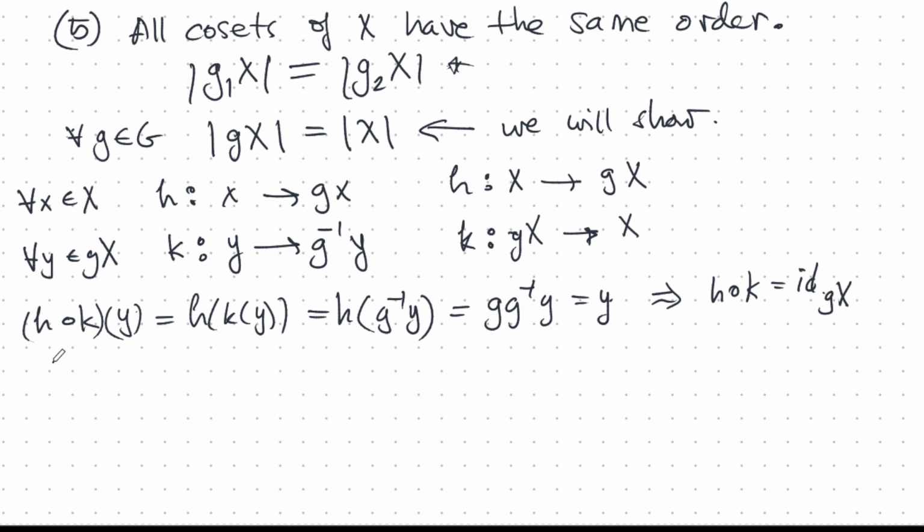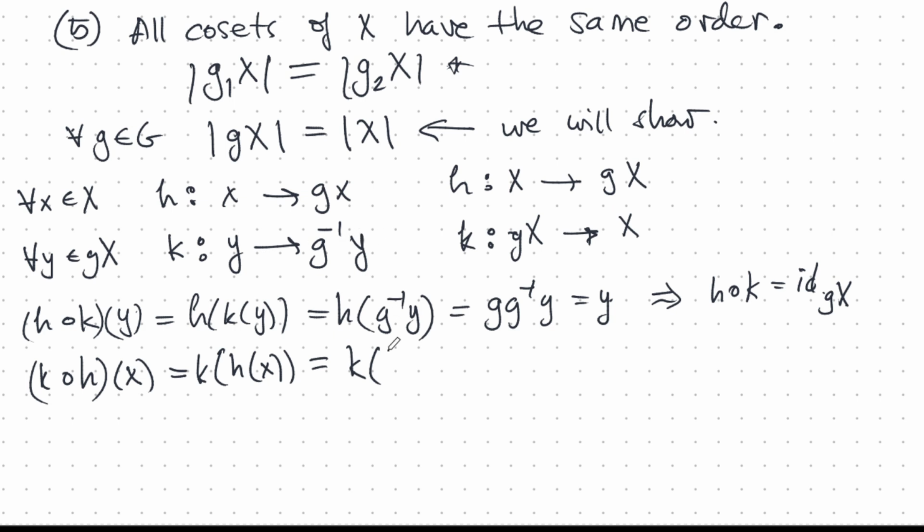Very good. All right, so now let's look at the other way. k composed with h. It's like what Klingons eat, isn't it? They're not going to be eating fettuccine or whatever. Okay, k of h of x.